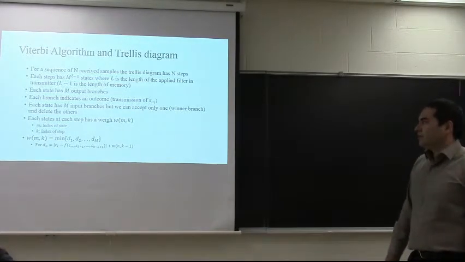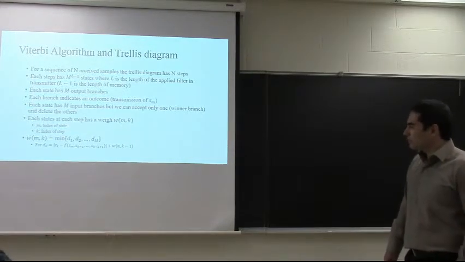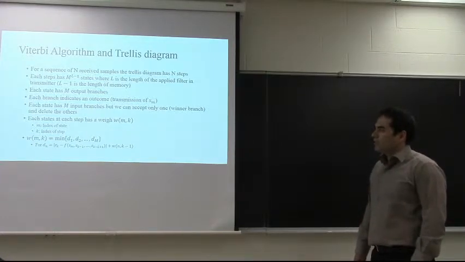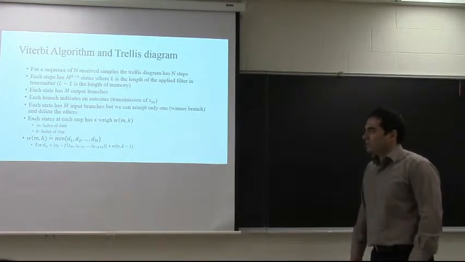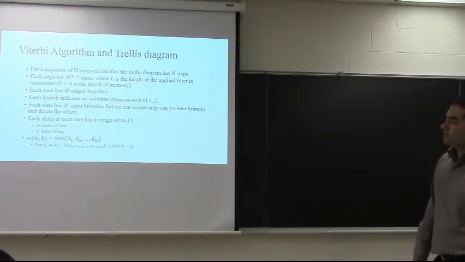Therefore, we also need weight metrics for each of the states at each step. Let's call it W of m and k, where m is the index of the state and k denotes the index of the step.